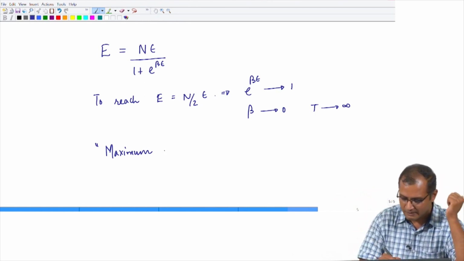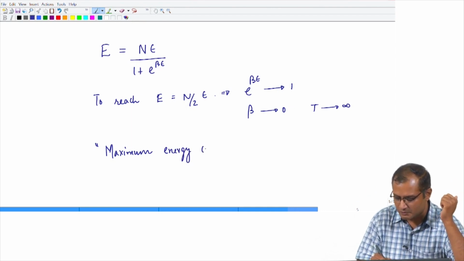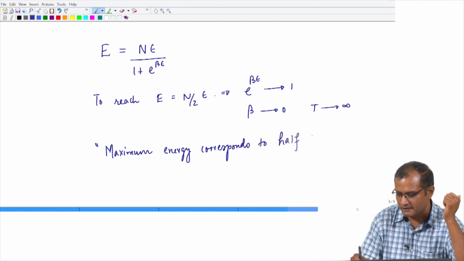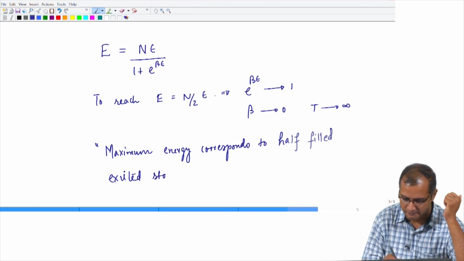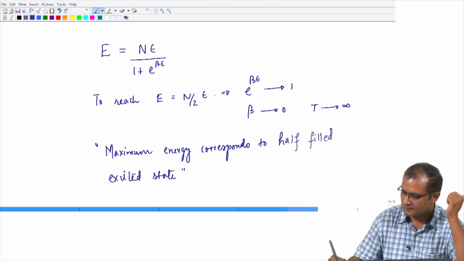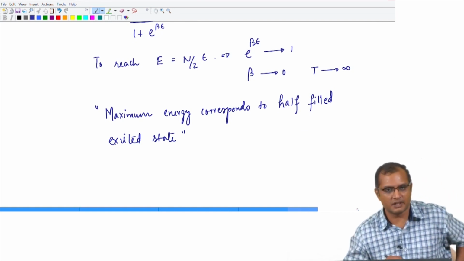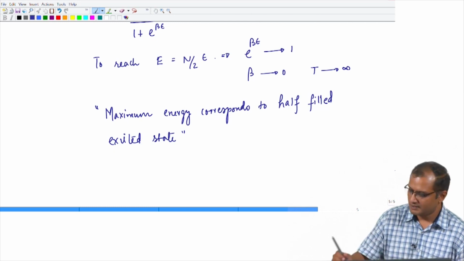So, maximum energy corresponds to a half filled excited state, you can't exceed more than that. Okay, to push it beyond half filled requires temperatures more than infinity. So, that is clearly not possible.